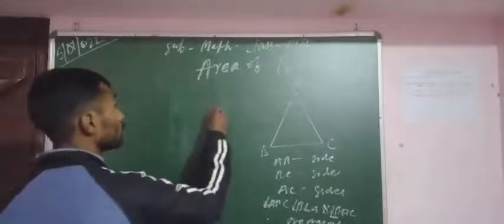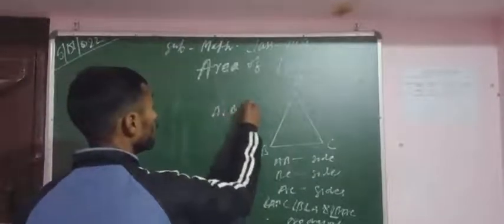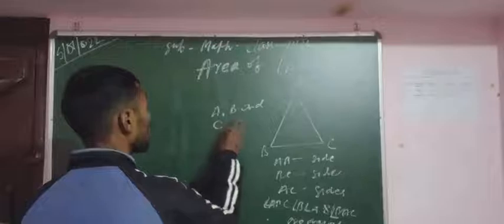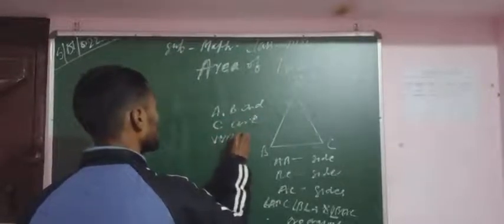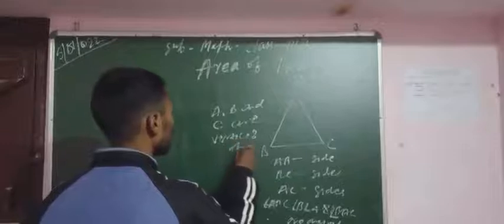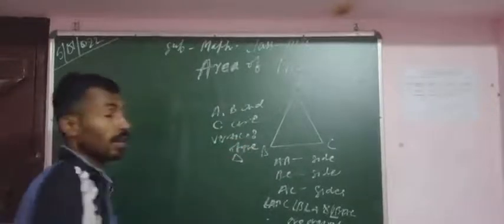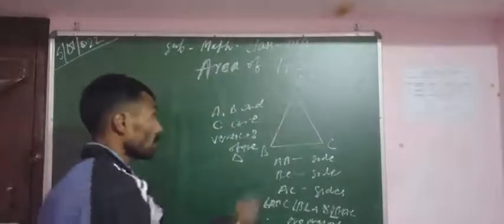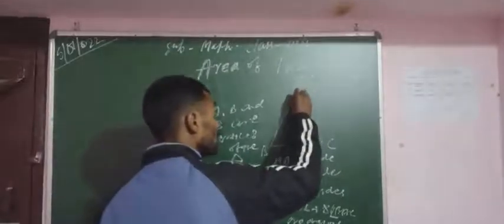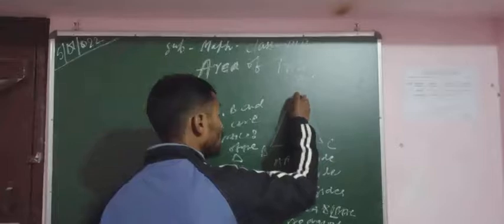A, B and C are the vertices of the triangle. Look at this, the triangle is a geometrical figure.